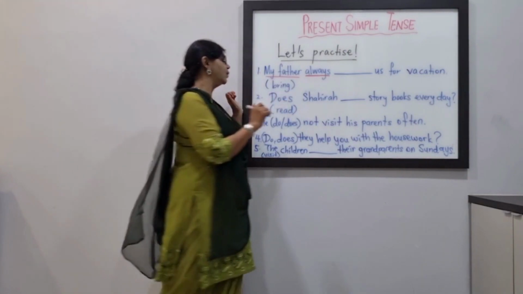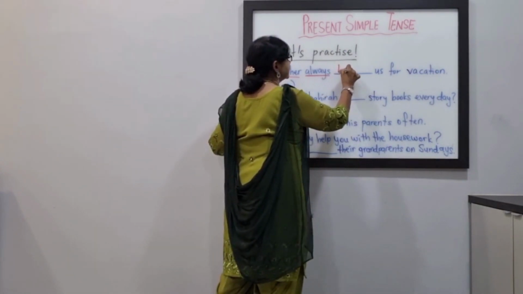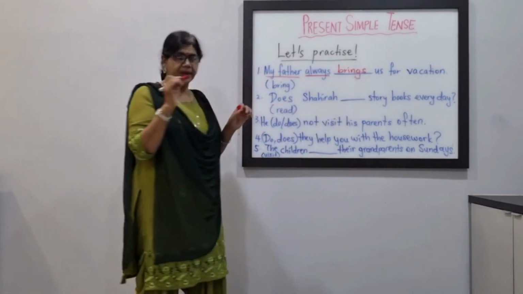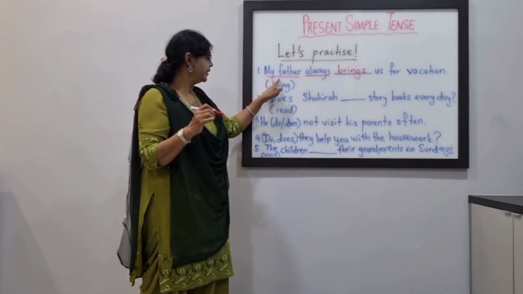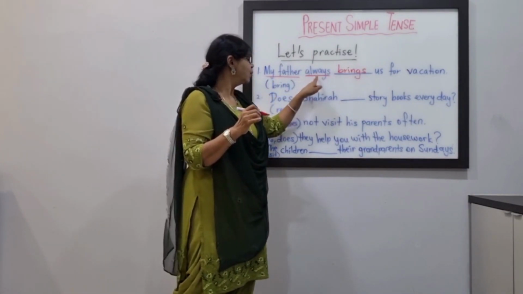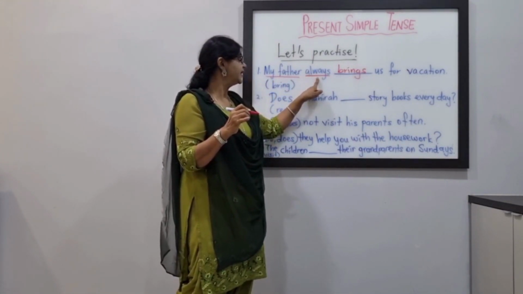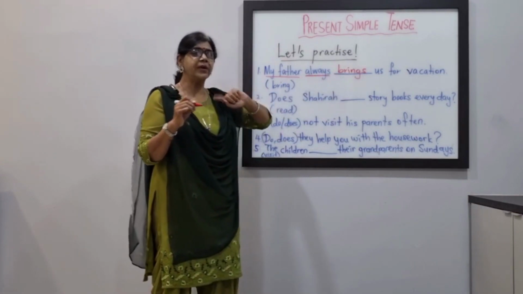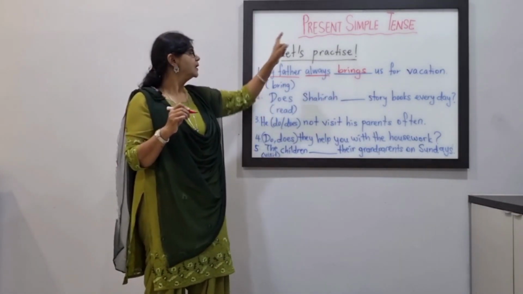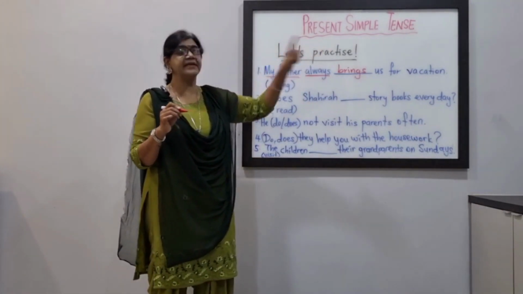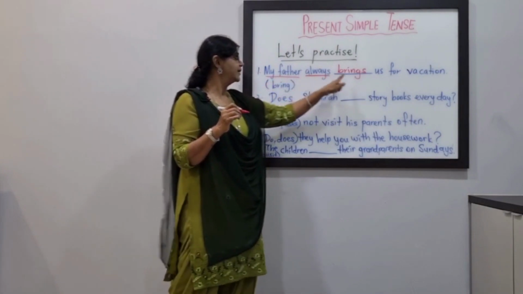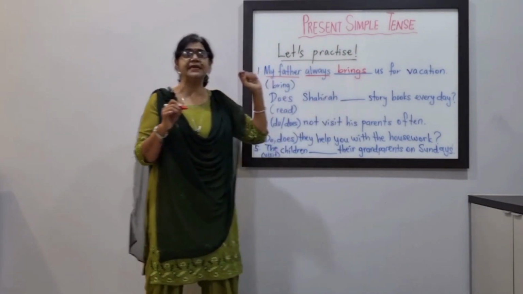So, my father always brings us for vacation. My father brings. Always is an indicator that the blank should be filled in with a simple present tense verb. And my father, singular subject, so we use a singular verb.